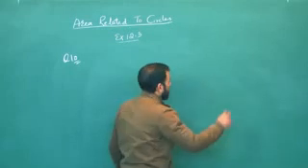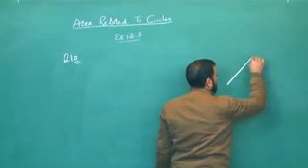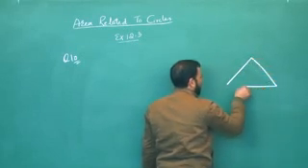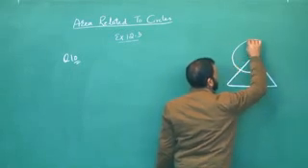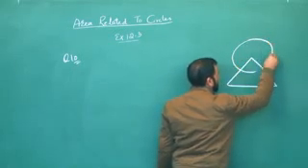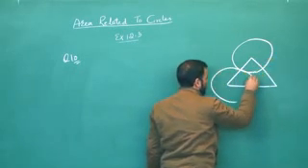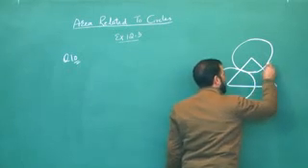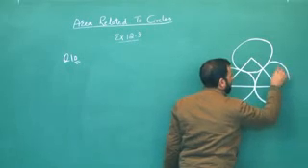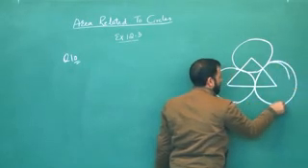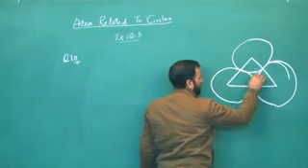So the figure is like this. We have an equilateral triangle again. We have to find out the area of this shaded region.